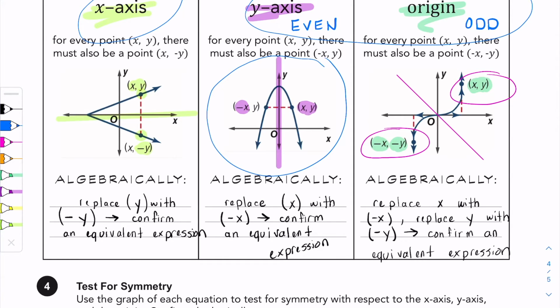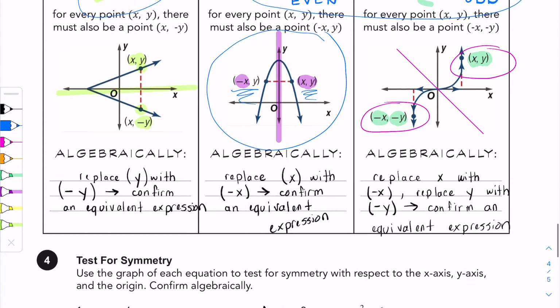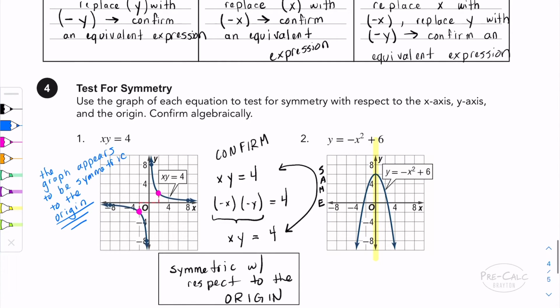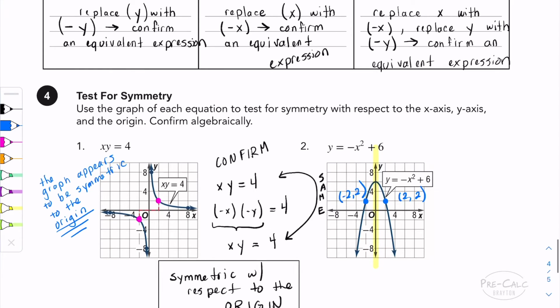I can also tell that in this function, if I have a point at x comma y, I have the same point on the other side, but with a negative x variable. This point on our graph is at 2, comma 2. This point is at -2, comma 2. Graphically, this does pass the test for symmetric across the y-axis, but let's confirm this.